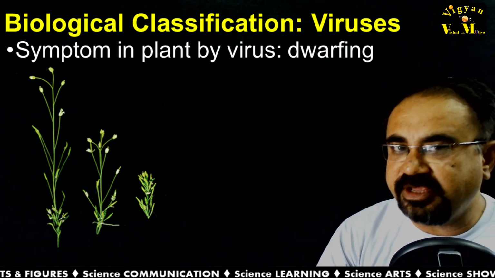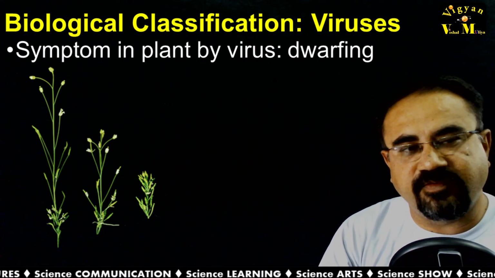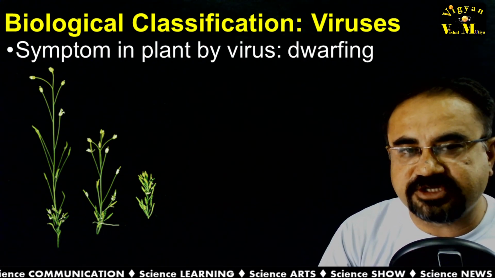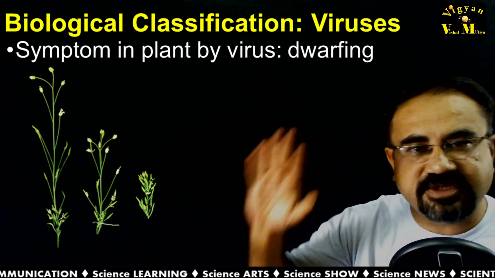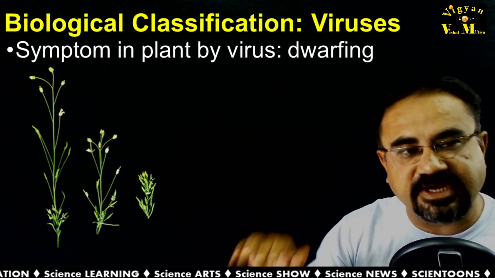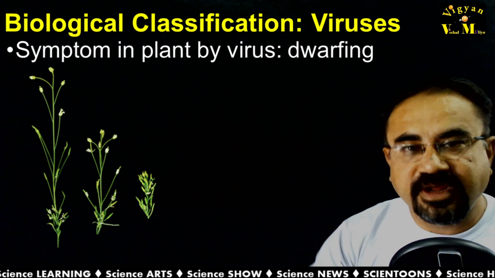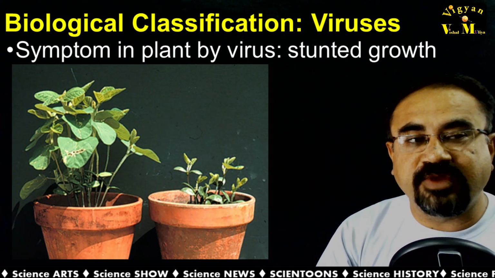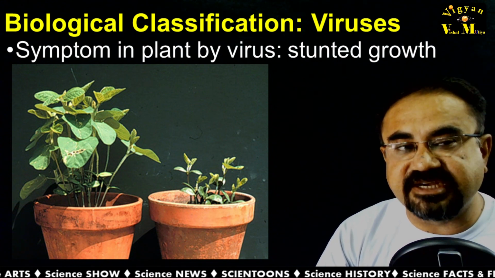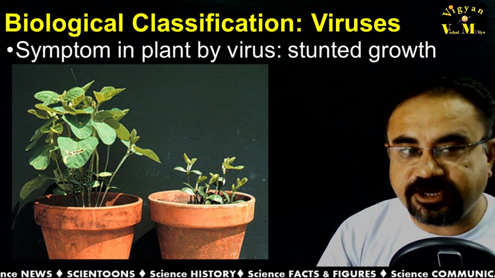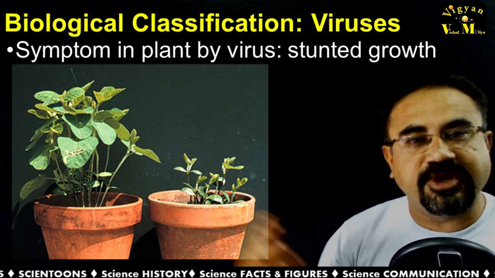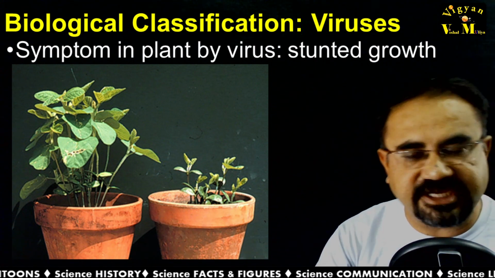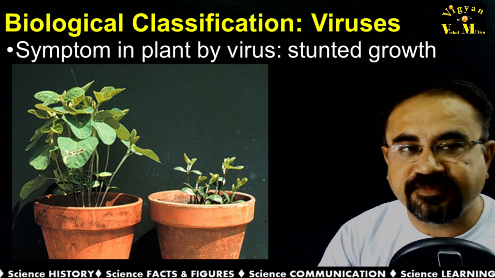Dwarfism is one of the symptoms of viral infection. Here we can see the comparison of a healthy plant with the dwarf plant, and dwarfism is associated just with height, but when the overall growth is less, it is known as stunted growth, which can be compared with the healthy one, and we can see stunted growth very well.